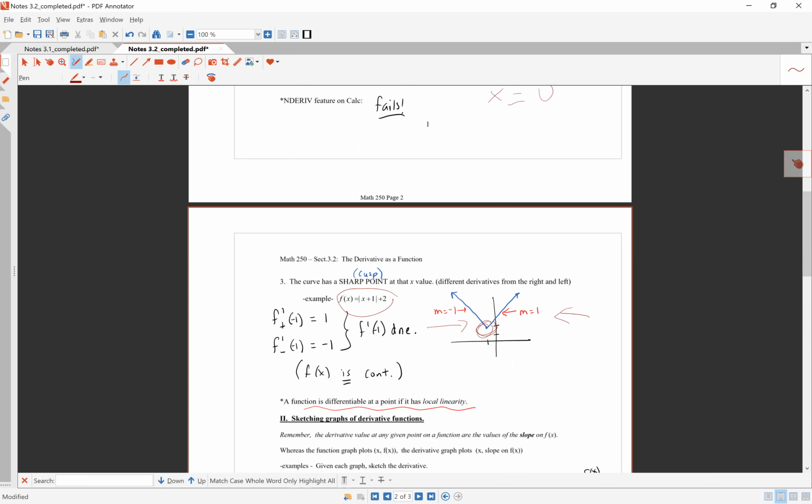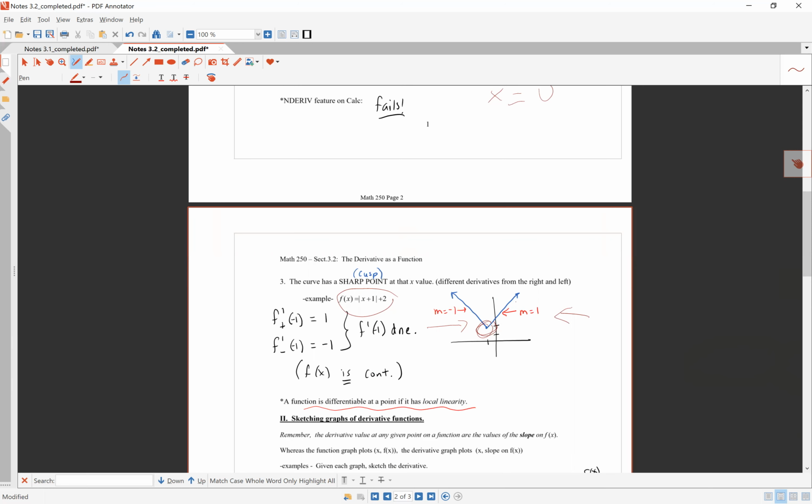In other words, the limit of the difference quotient as we go to -1 from the left is -1. Now on the right side, the slope is 1. So the limit of the difference quotient, if you come from the right, is +1.